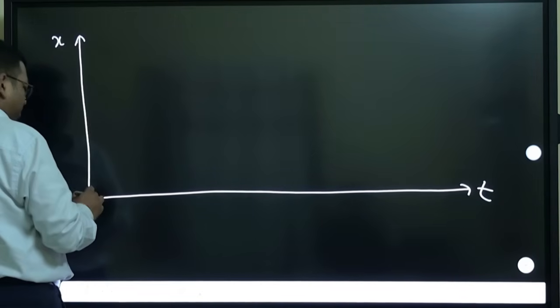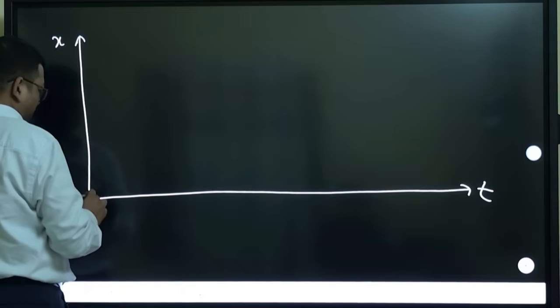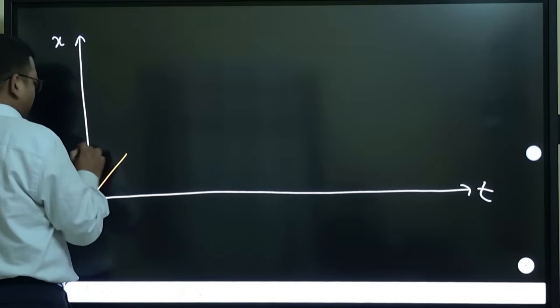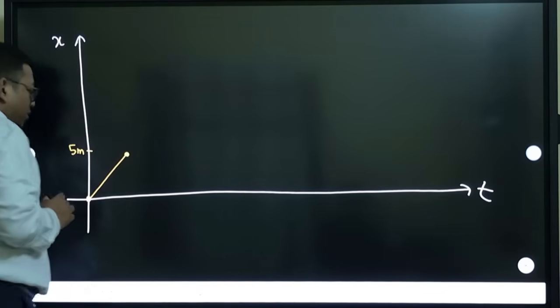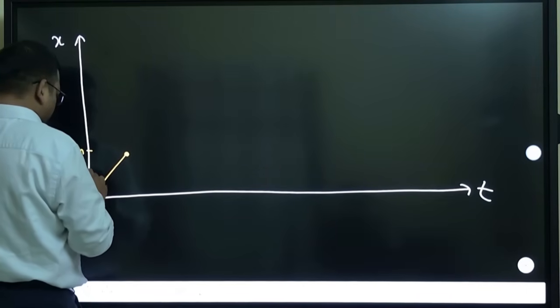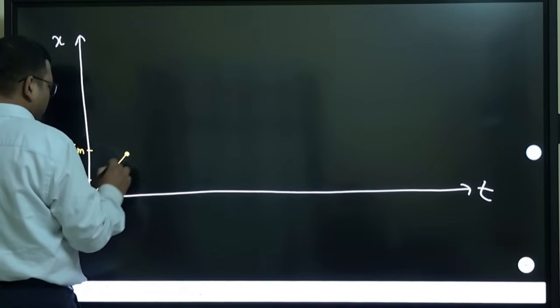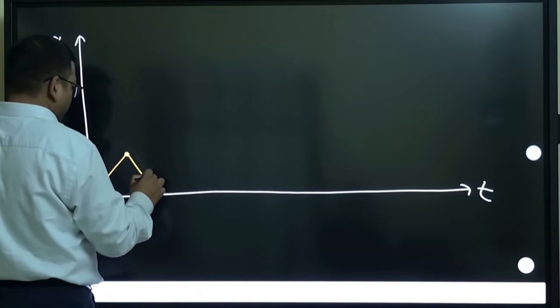So first it will go 5 steps, that means 5 meter it will go. Then it is coming down 3 steps, so it will come to 2 meter.